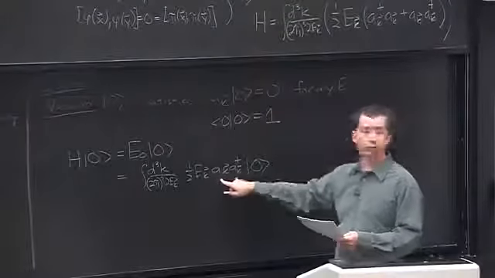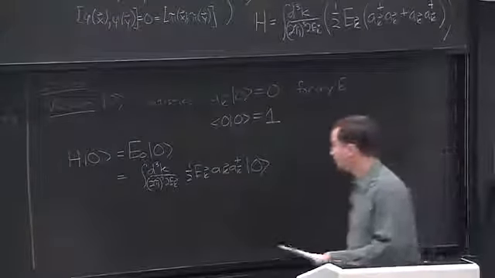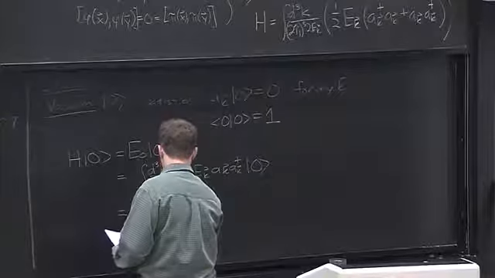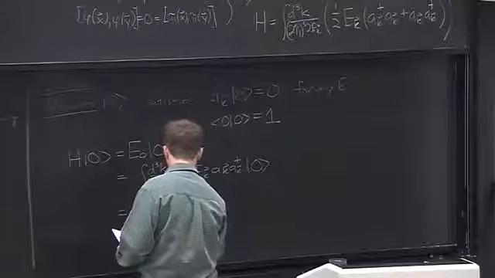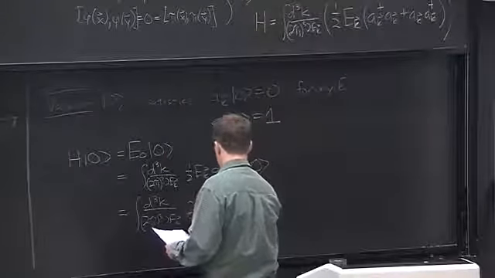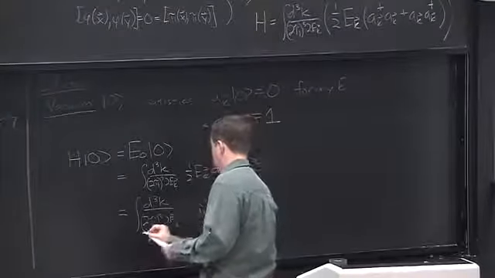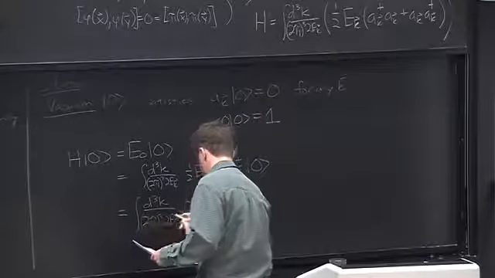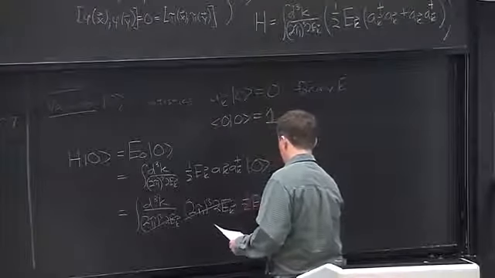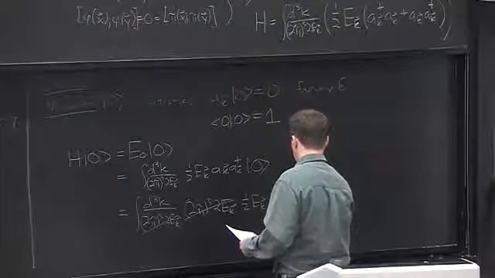And the only thing we can do at this point is use our commutation relations, ones you derived in the homework. What you get is a factor of (2 pi)^3 2E_k, which cancels off with the denominator. We get a half E_k, and then we get a delta of k minus k.